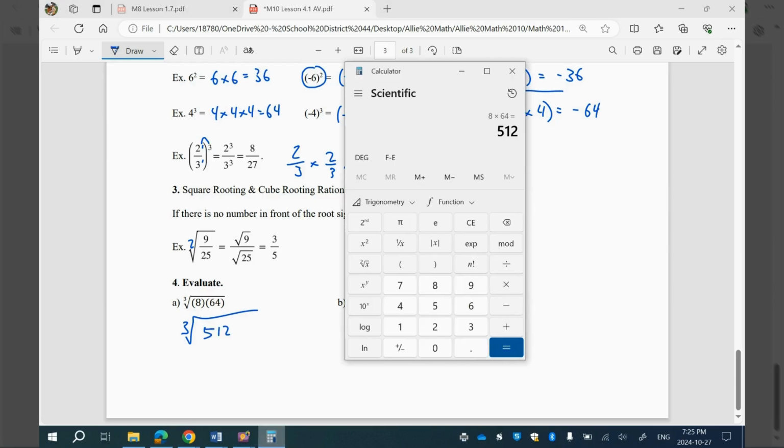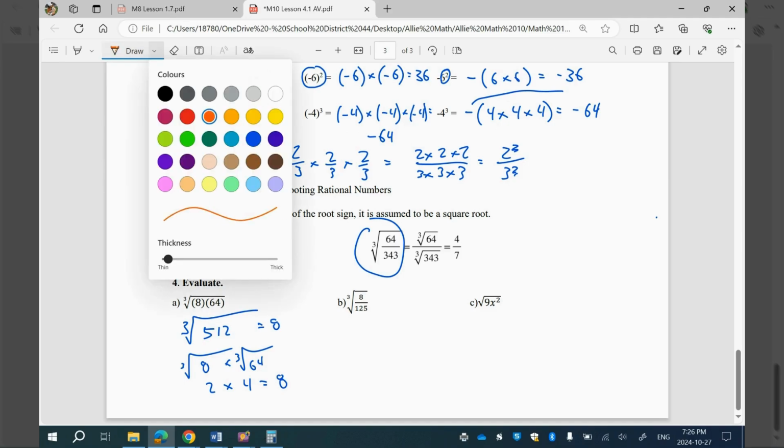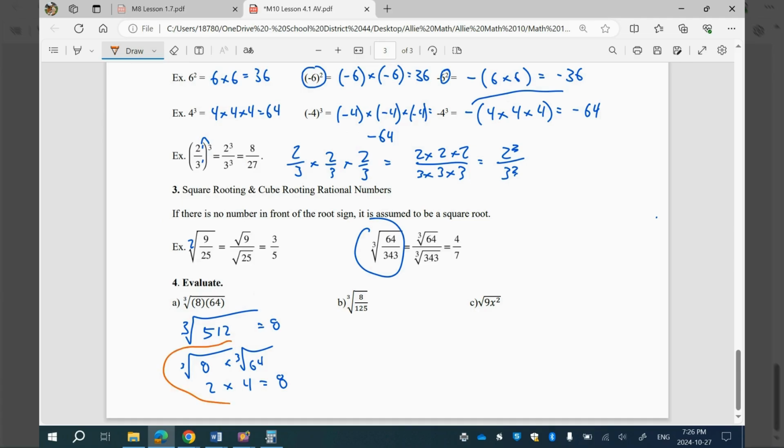Then the cube root of 512 is 8. But it's also true that this is equal to the cube root of 8 times the cube root of 64. So 2 times 4 equals 8. I feel like this is helpful. It uses smaller numbers and is more manageable without a calculator.